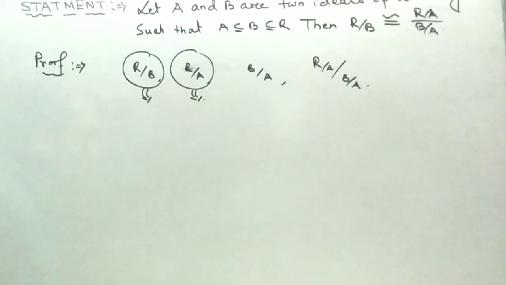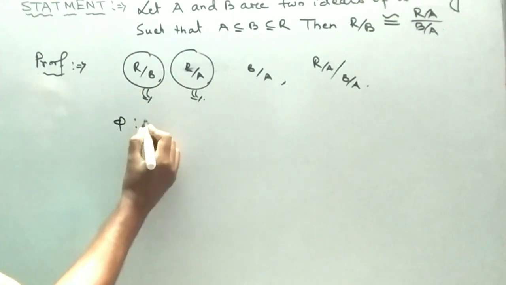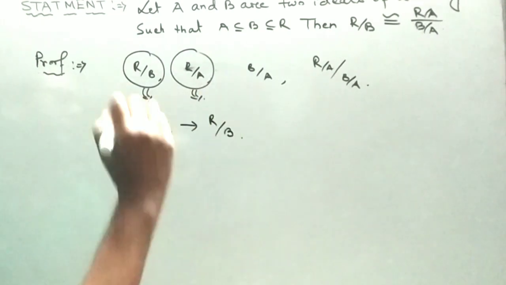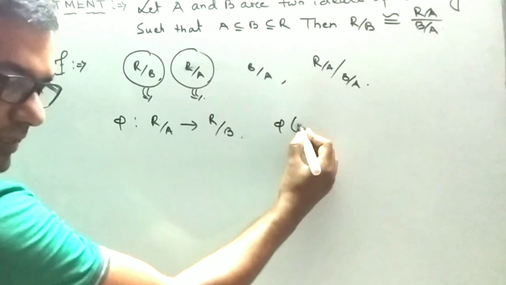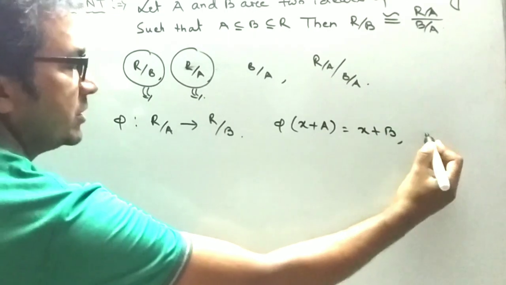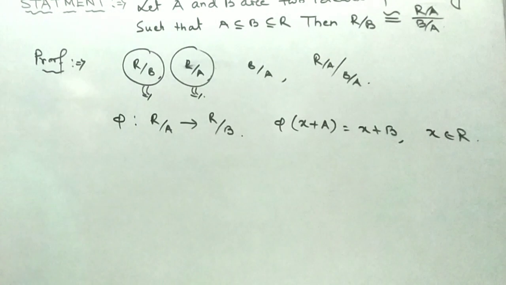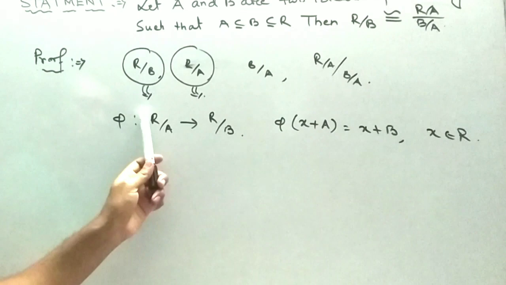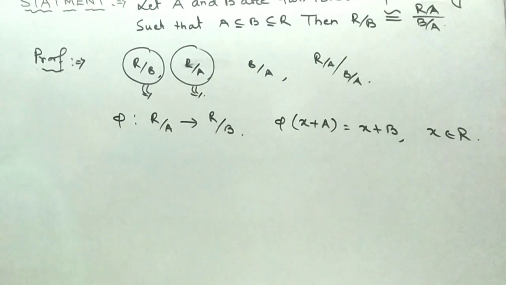At first we define a mapping phi from R/A to R/B, such that phi of x plus A equals x plus B, where x belongs to R. Since x belongs to R, x plus A is an element of R/A and x plus B is an element of R/B.